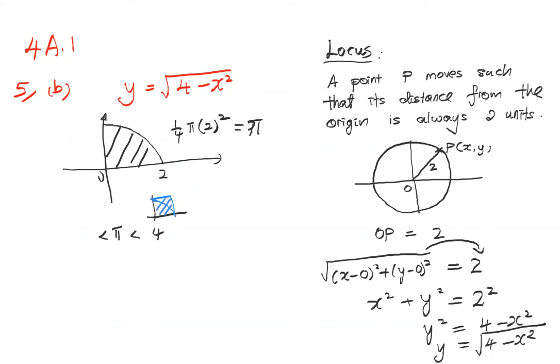This is an overestimate. And for the underestimate, I will take a triangle. Here is 2 and here is 2, so it's half times 2 times 2, which is equal to 2.